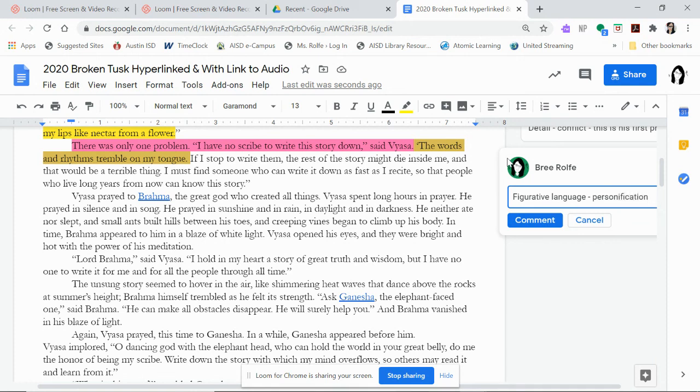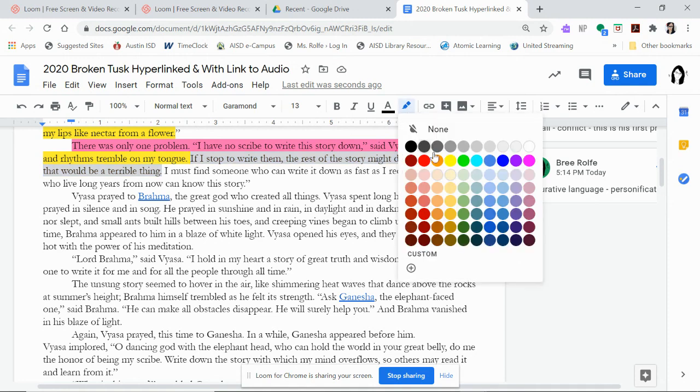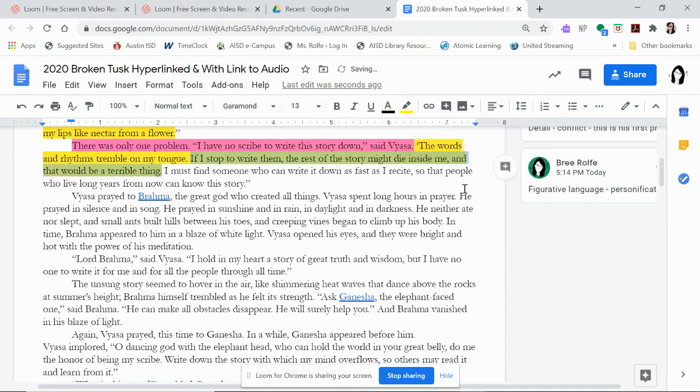It personifies the story, it makes it human. This is more figurative language. I'm just going to highlight it in yellow. This whole section implies that the story is like a human. It's something that's living and breathing, and that's important in the story.